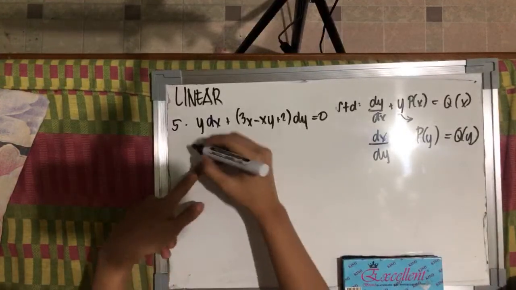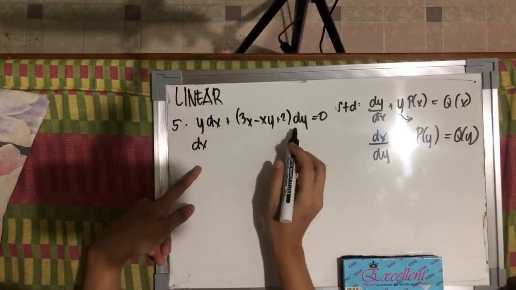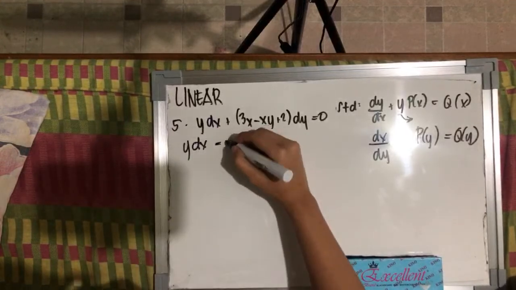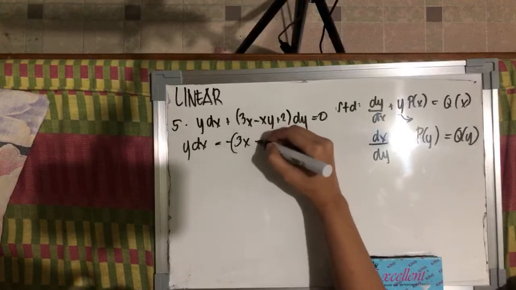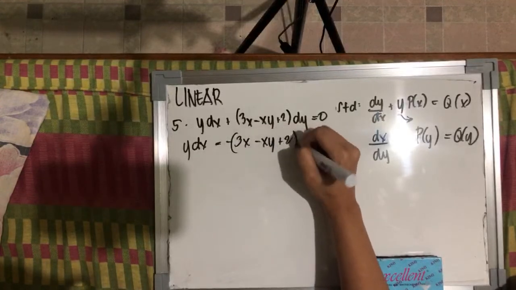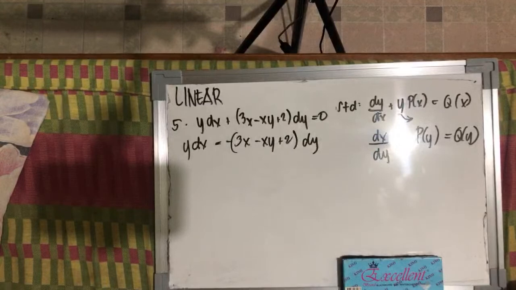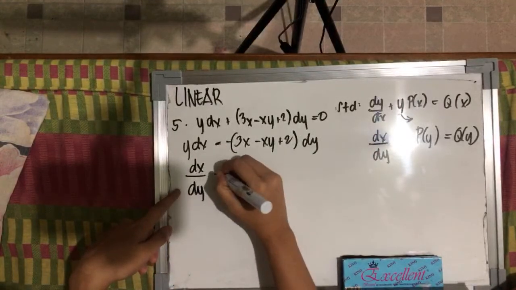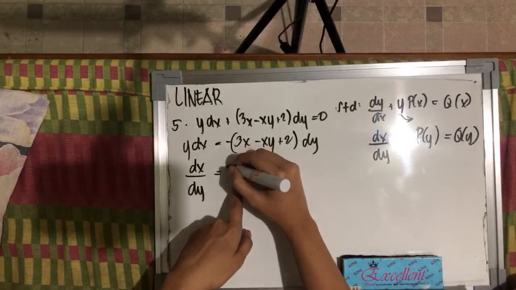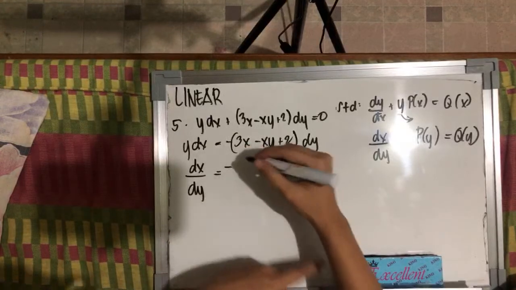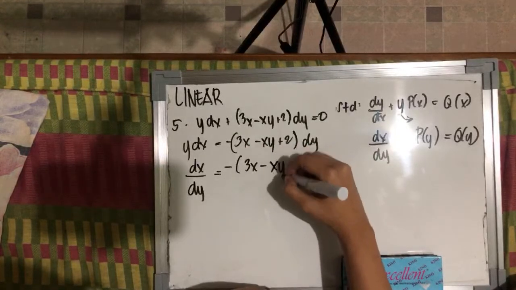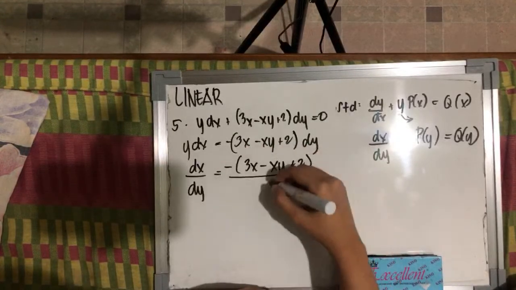So, kapag dito, transpose ko muna to. So, dx over dy is equal to negative 3x plus 2 over y.